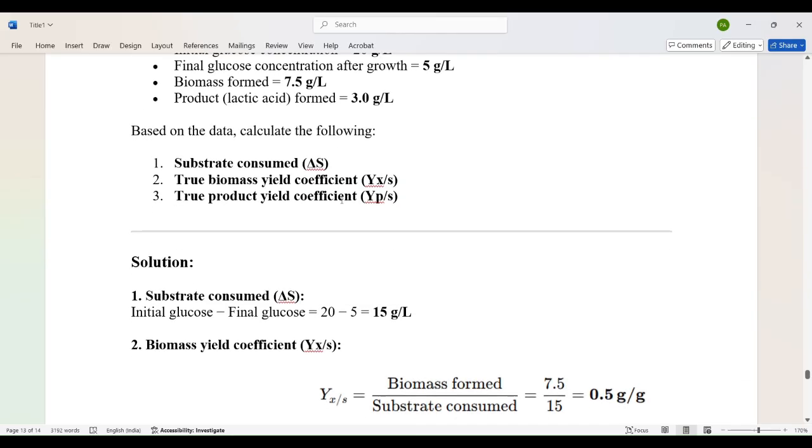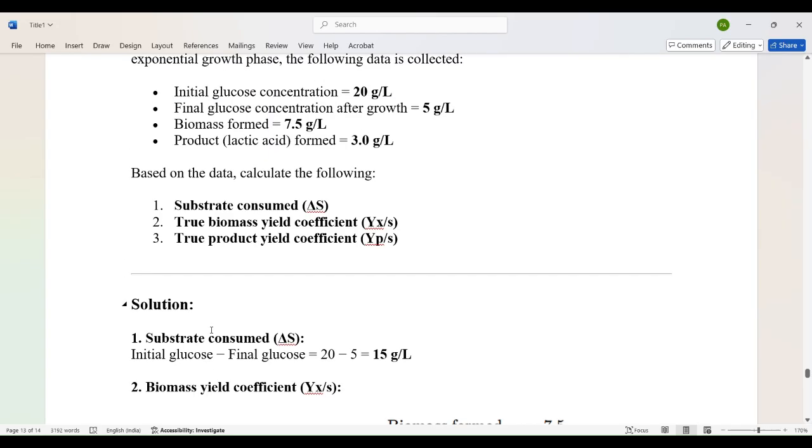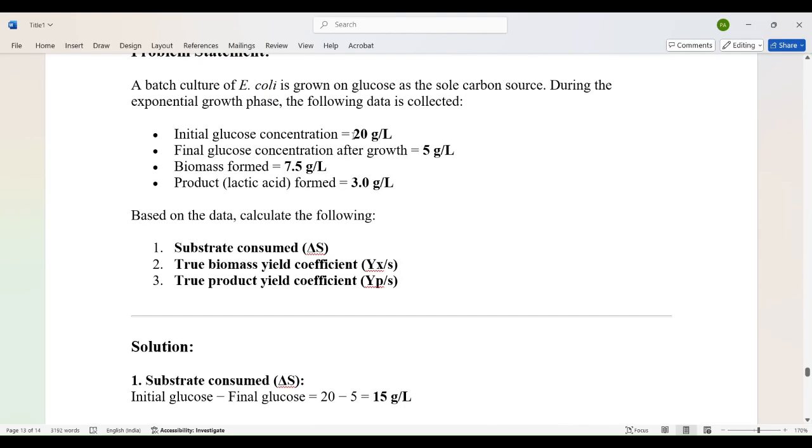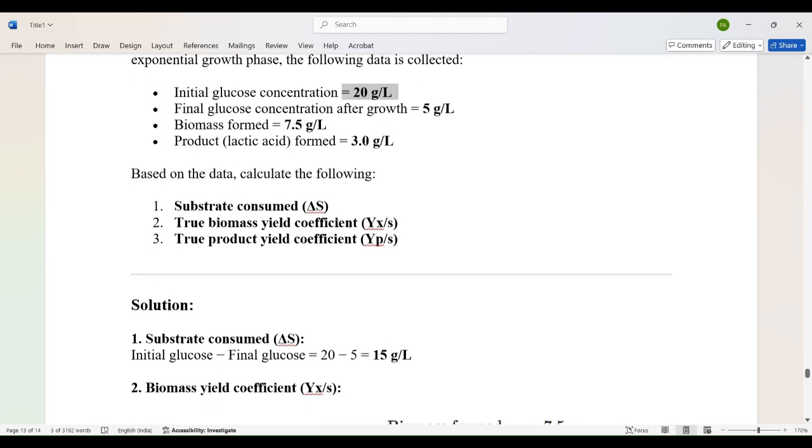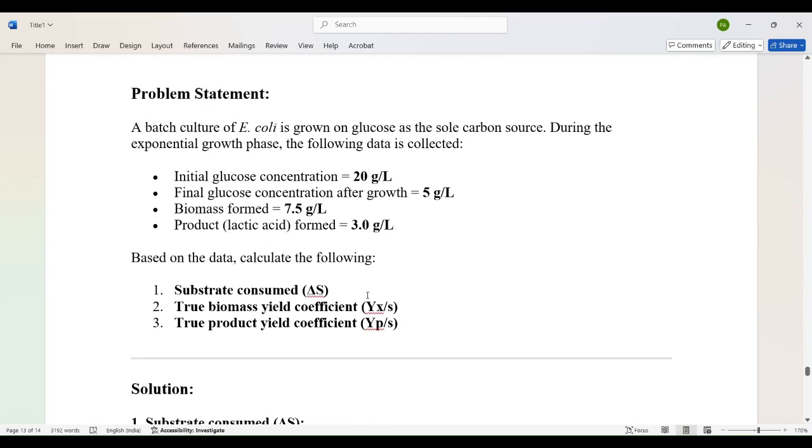Based on the data, we need to calculate substrate consumed, that we already calculated. How do we calculate? Initial glucose was 20 grams per liter, and the final glucose concentration was 5 grams per liter. So taking the difference gives substrate consumed as 15 grams per liter. This is very simple mathematics, right?